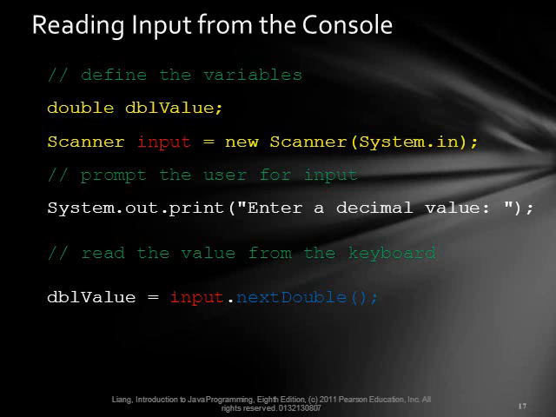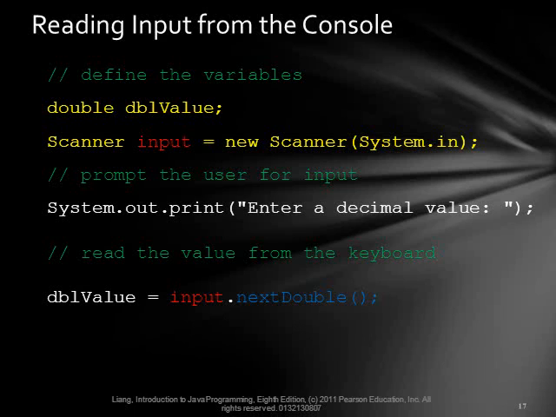Right? We saw that in the previous slide. So I'm going to prompt the user with my system.out.print. I'm going to send a message to my user on the screen to enter a decimal value, because a double can hold a decimal.